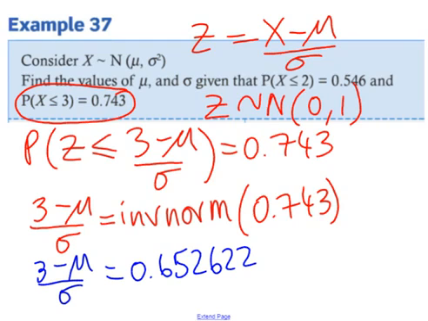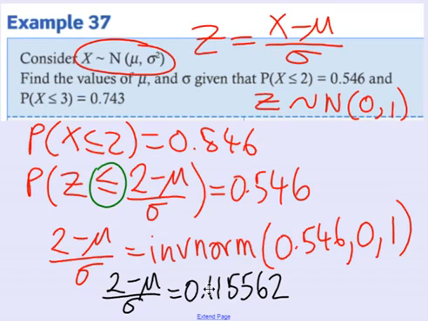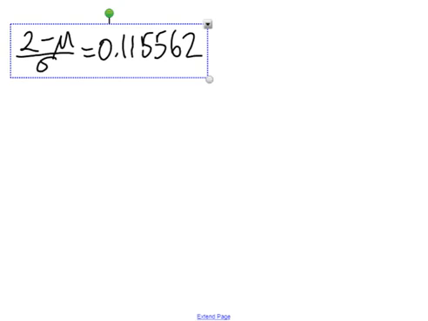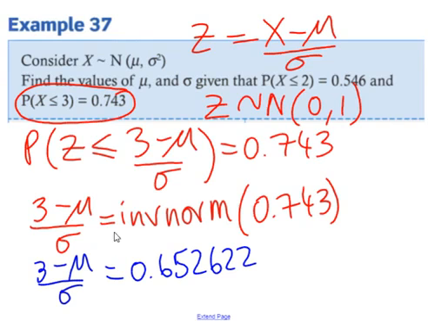Now we've got two equations and we can solve them simultaneously.